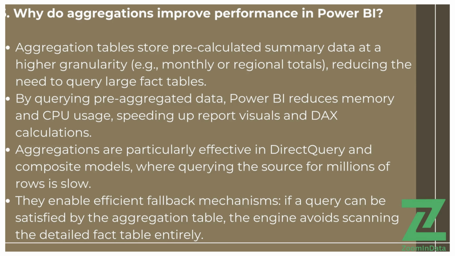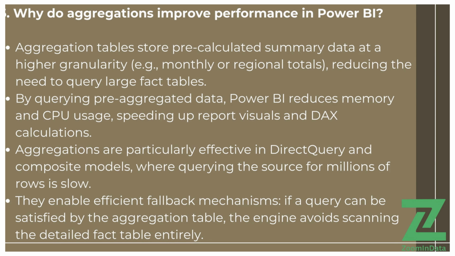15th question. Why do aggregations improve performance in Power BI? Aggregation tables store pre-calculated summary data at a higher granularity, for example monthly or regional totals, reducing the need to query large fact tables. By querying pre-aggregated data, Power BI reduces memory and CPU usage, speeding up report visuals and DAX calculations.